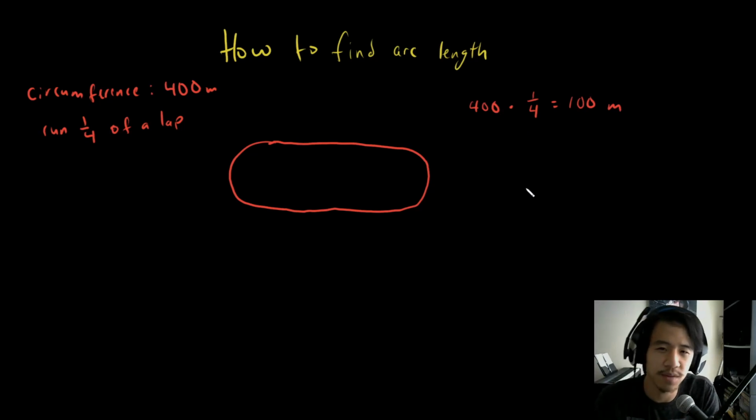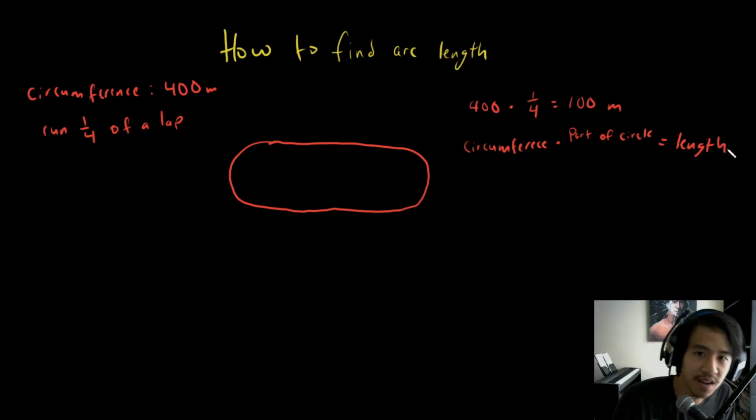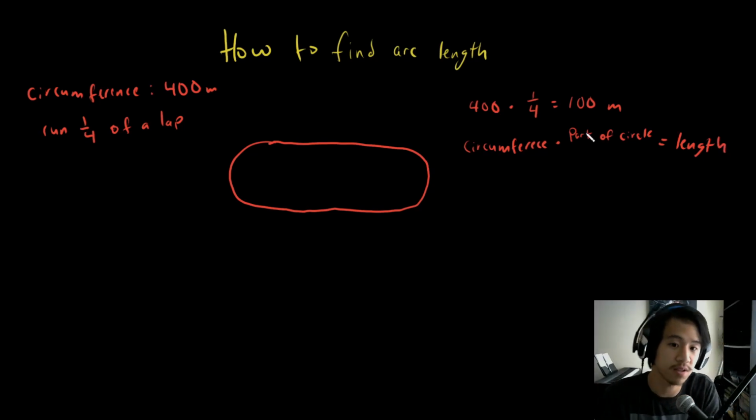But let's go ahead and generalize this a bit. So 400 was the circumference. And 1/4 was the part of the lap. But in this case, we're going to call it the part of the circle. And that is the length that you traveled. And this is exactly how you find arc length in a circle.